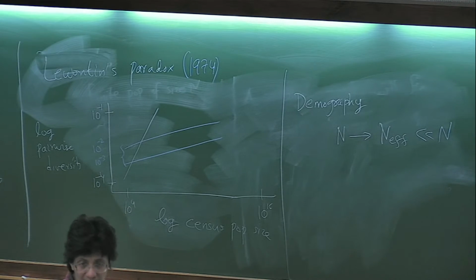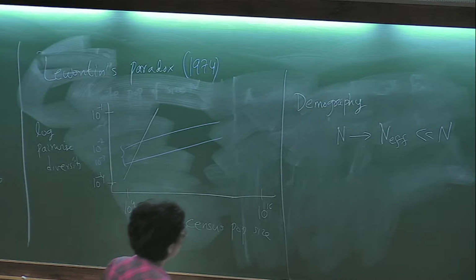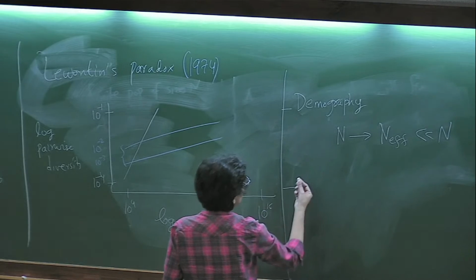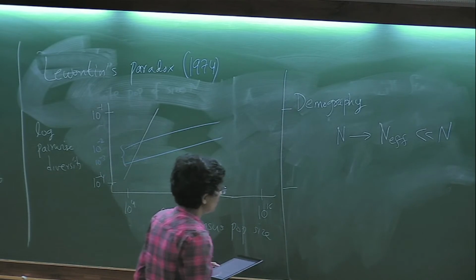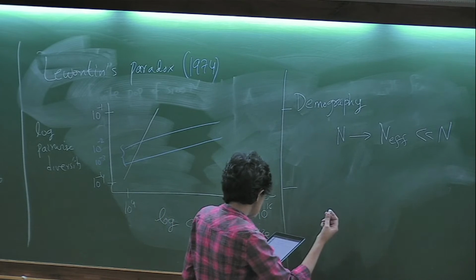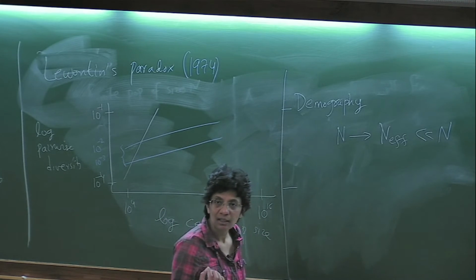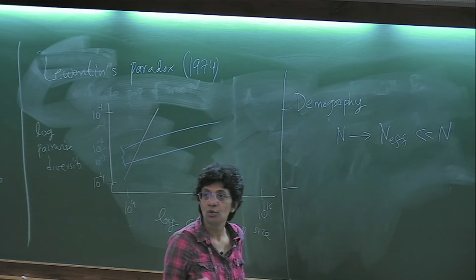It does help, but not completely. So there's a further idea due to Lynch. He says that the mutation rate is correlated to the effective population size.